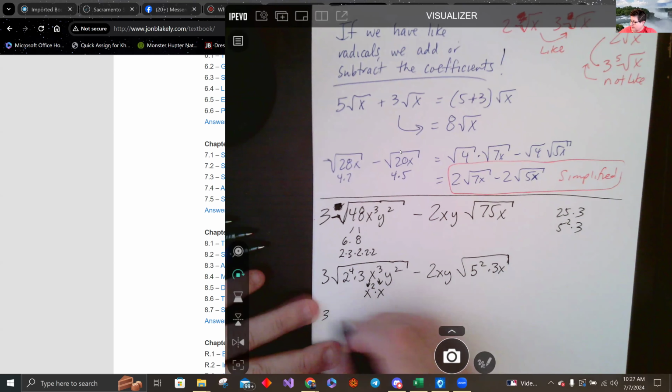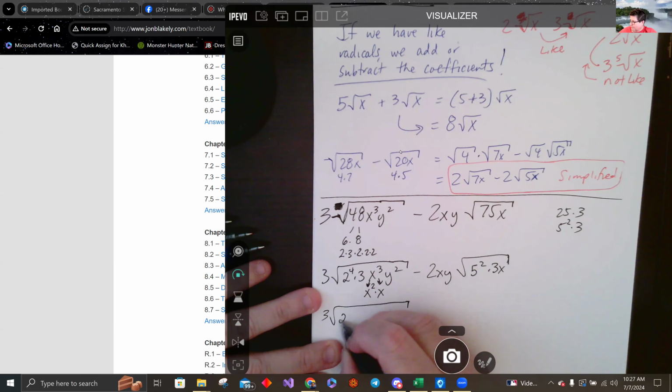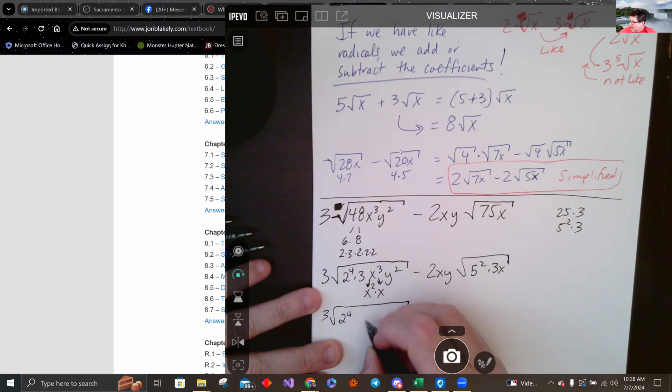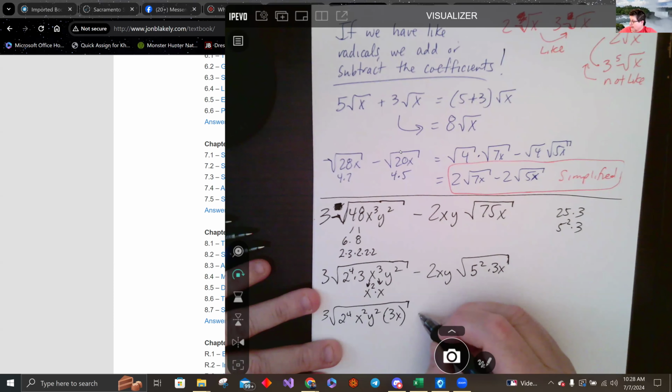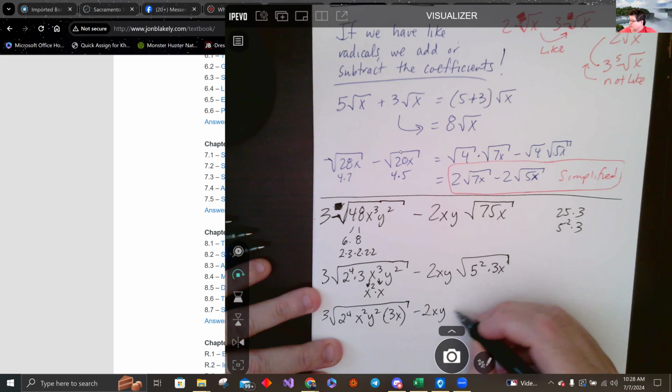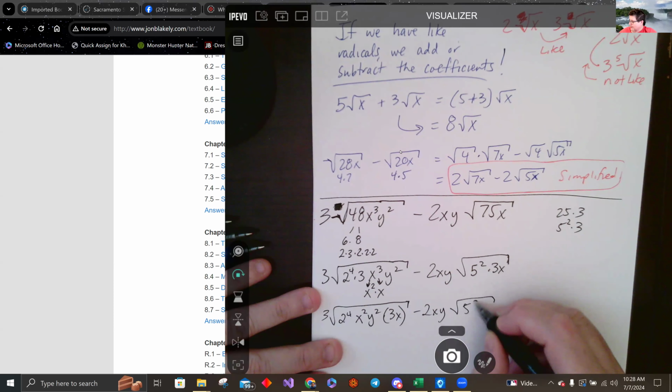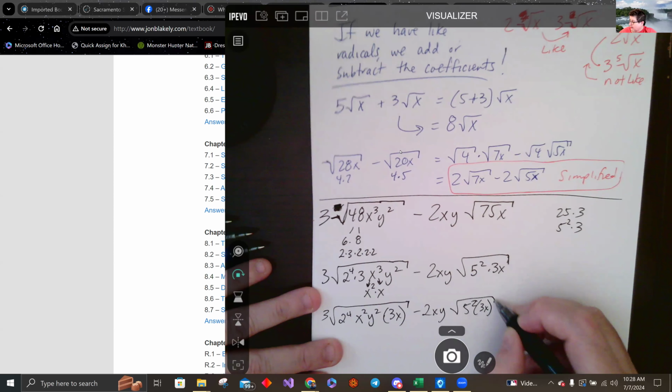So this becomes 3, 2 to the 4th power. I'm going to put the x squared, y squared here, and then the 3x here at the end, minus 2xy square root of 5 squared, 3x at the end.